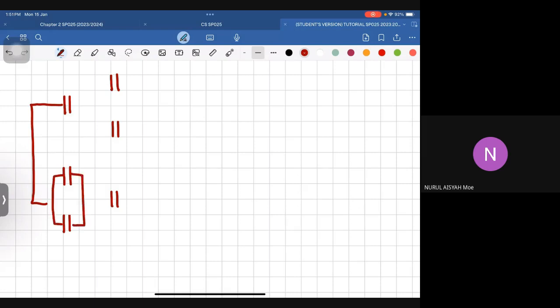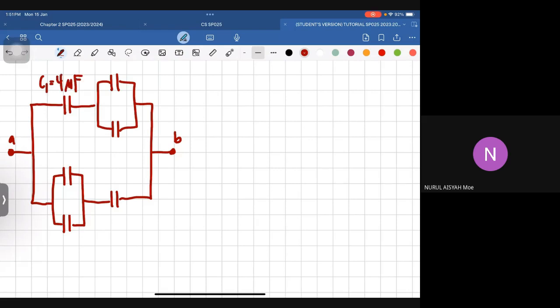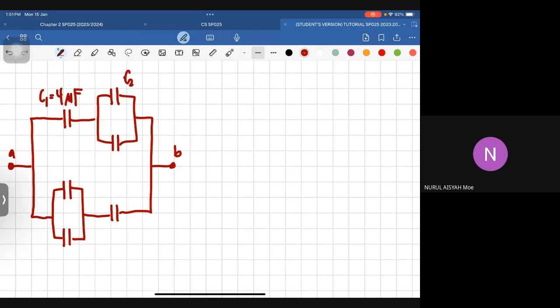Okay, so ini kita punya junction lah. Junction A, junction B. So yang ini C1 4 microfarad. So label lah, ikut kamu mau label macam mana. 1 microfarad. Then kita ada C3 3 microfarad, C4 6 microfarad, C5, and then C6.